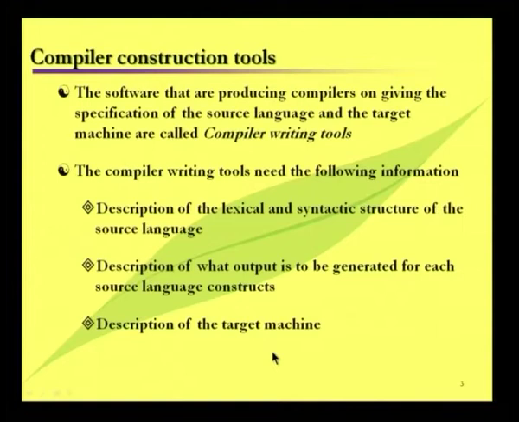Some portion of code optimization is machine dependent, and almost everything in code generation is machine dependent. So, we should know the machine details or the specification of the machine, so that your compiler can successfully generate the code for the machine for which we are supposed to generate the machine language.